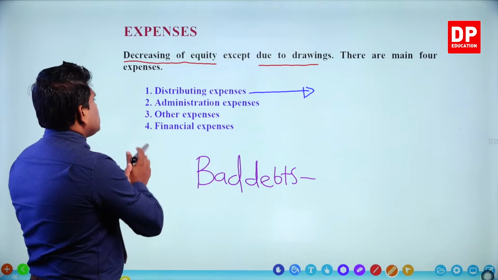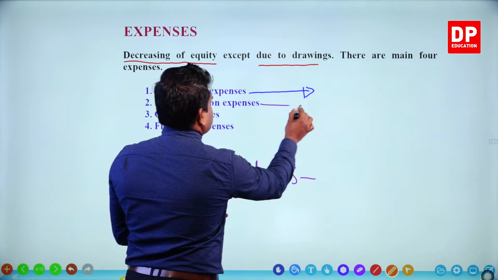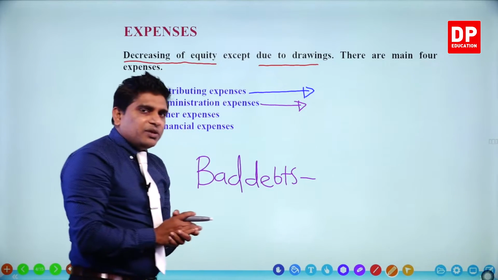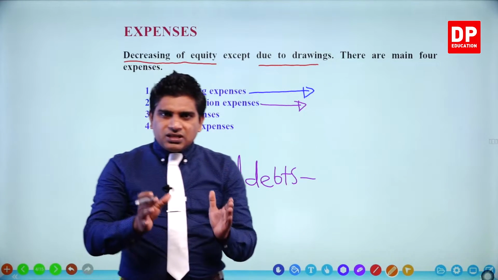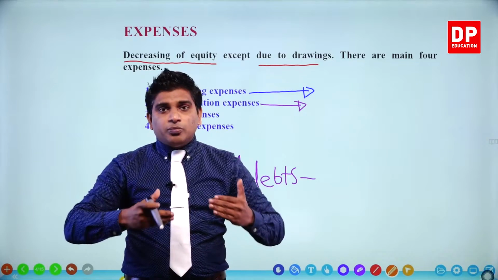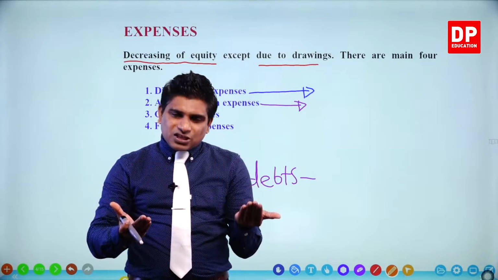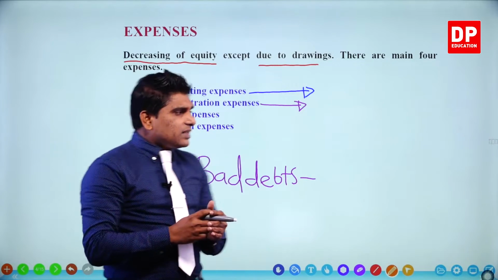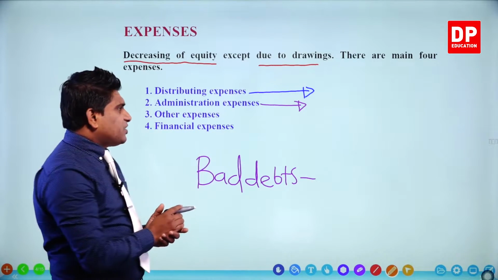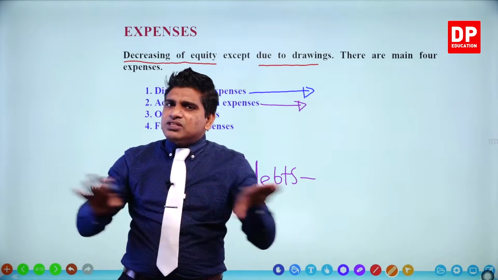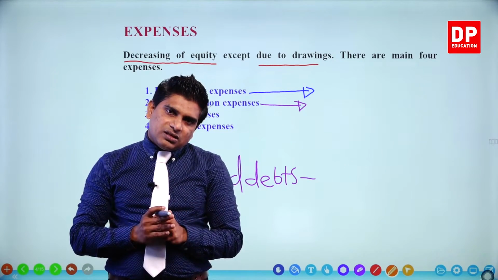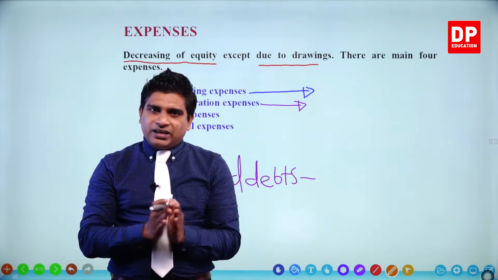Now the second one is administration expense. To conduct a business, you want to pay the water bill, the telephone bill, employee salary, and insurance expenses also. Remember, these expenses we classify as connected with administration-related activities.